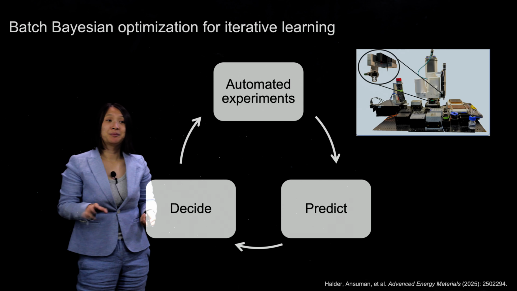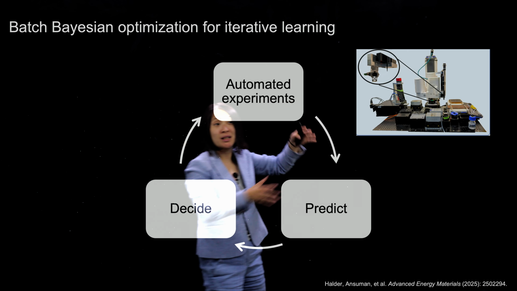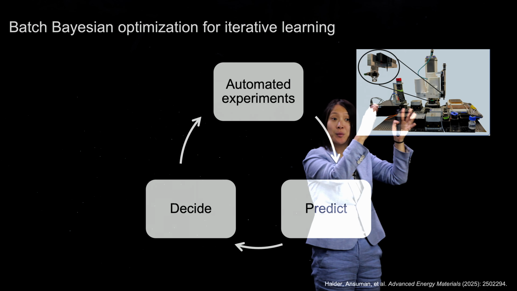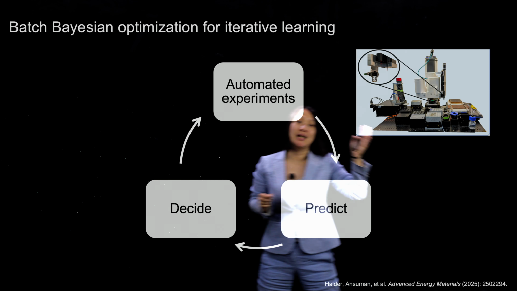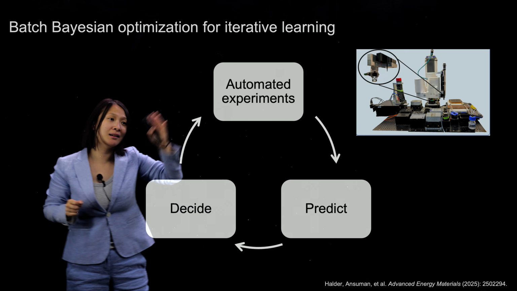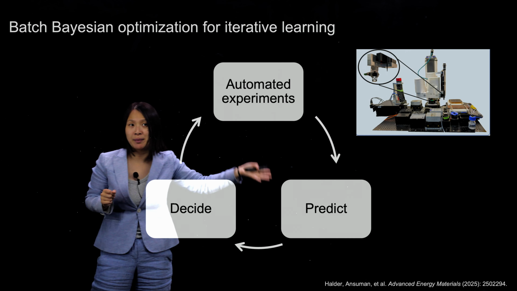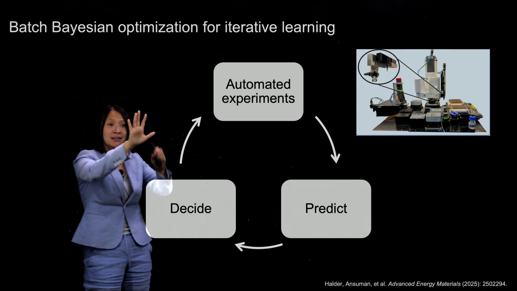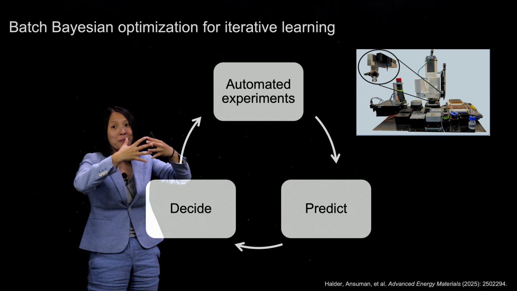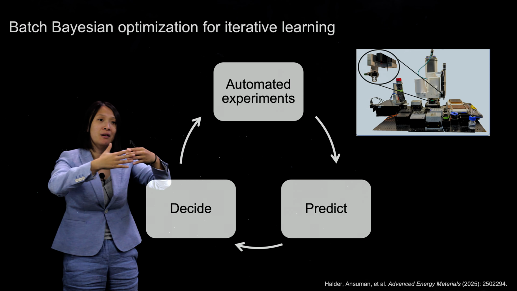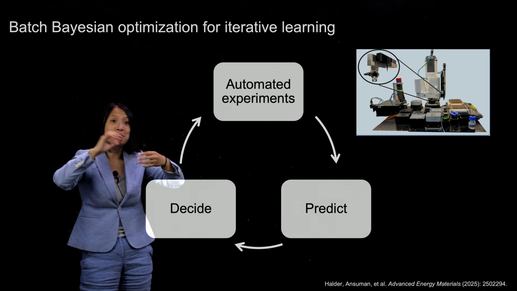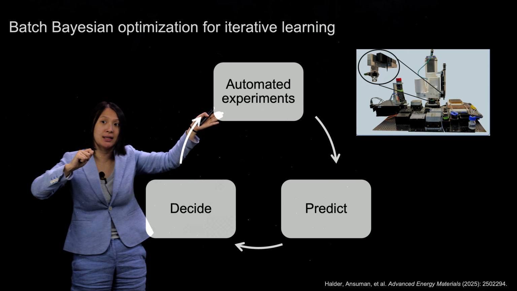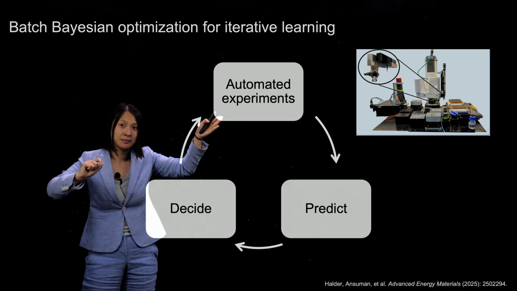In fact, the experiment was conducted by a thin film deposition robot. The paper presented here is published in the reference below if you want to check it out. So here, instead of make and measure separately, we have an automated experimentation platform which combines the making and the measuring process through this thin film deposition robot.